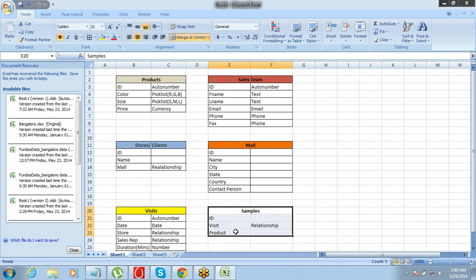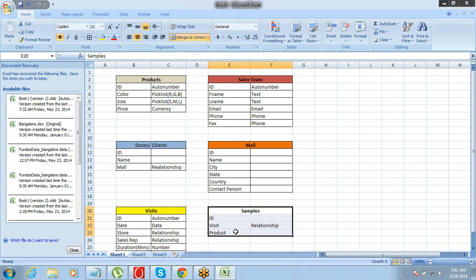Is that one to many, or what kind of a relationship is there between product and visit? Many products. It is a many to many relationship. Many products can have many visits. On a particular visit, there can be multiple products being given out as samples, and the same product can be given as samples on different visits.